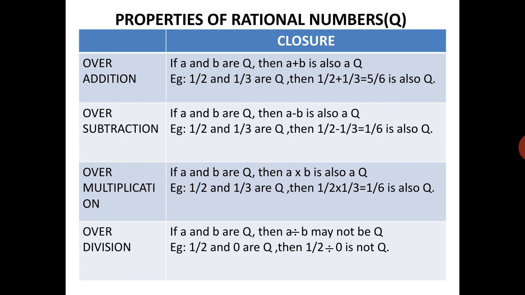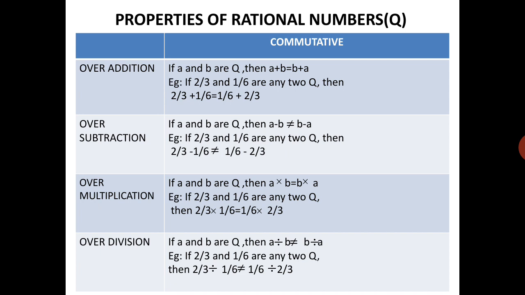Let's move to the next property, that is commutative property. Again we are checking over all the 4 operations beginning with addition. If A and B are Q, that is rational number, then A plus B will be equal to B plus A. That means you change the order of addition, you get the same answer.